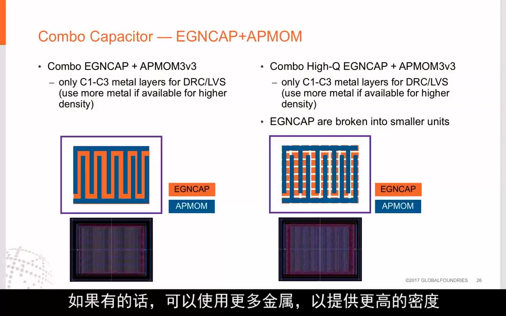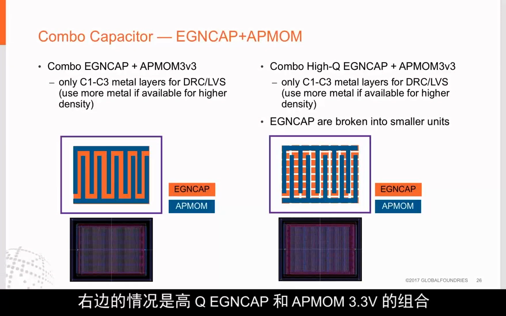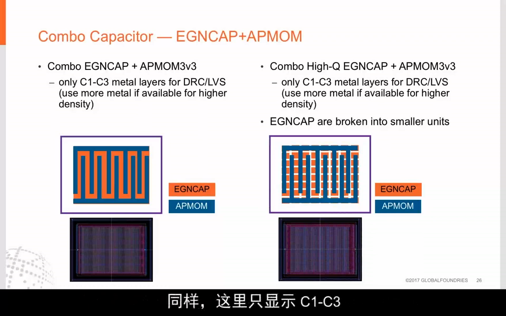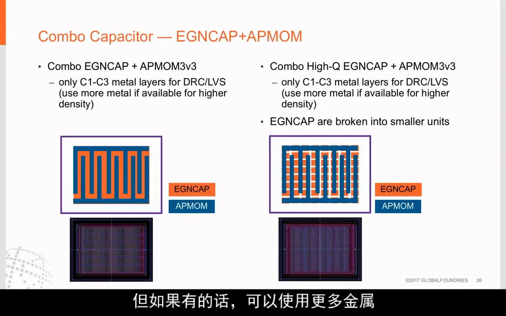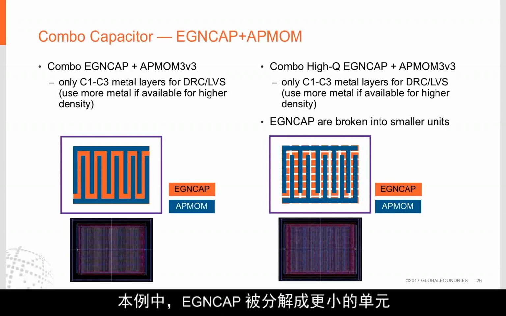You can use more metal if it's available, which will give even higher density. The case on the right is the combo high Q EGN cap plus the AP-MOM 3.3 volt. And once again, this only shows C1 through C3, but you can use more metal if it's available. In this case, the EGN cap is broken into smaller units.